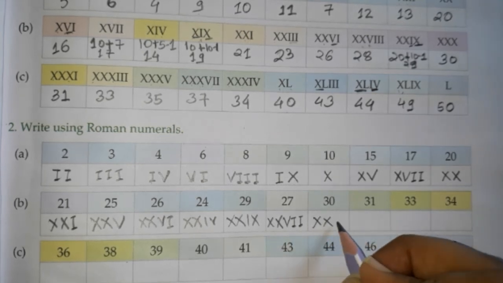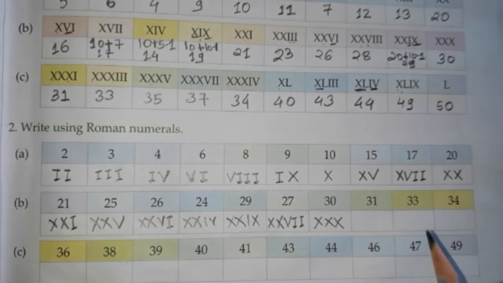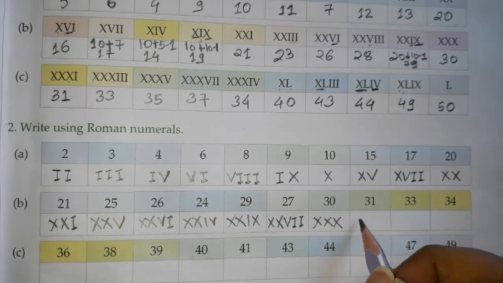30 can be written as XXX. X can be repeated 3 times. We already know.